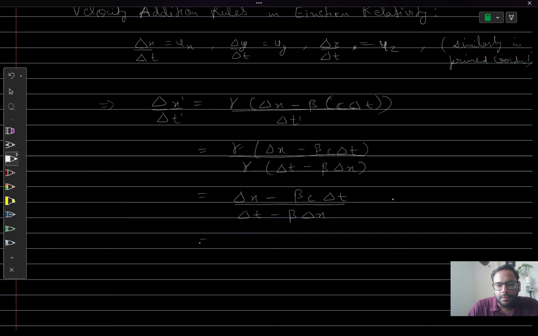Now divide both above and below by delta t, in both numerator and denominator.